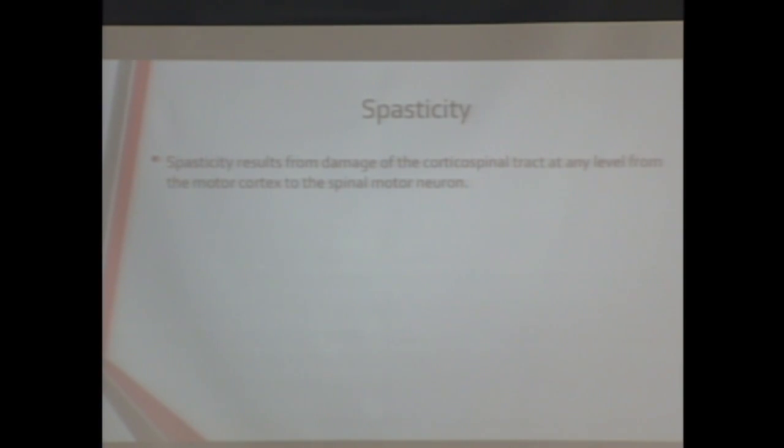So spasticity, as I mentioned before, is a velocity-dependent tightness, and it's usually the result of damage to the corticospinal tract at any level from the motor cortex to the spinal motor neuron. The most common cause of spasticity is CP, usually due to a perinatal brain injury.